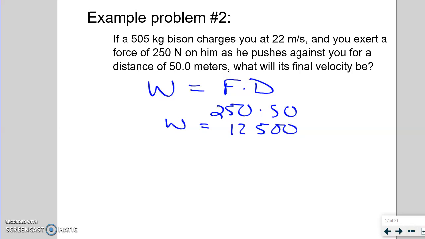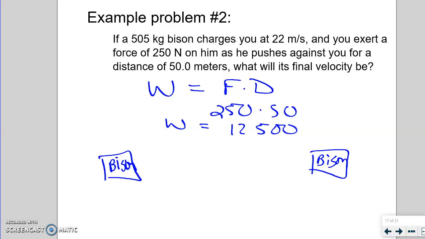So we want to know what its new velocity is going to be. Well, we have to stop and think about this for just a second. We've got the bison before. That's what a bison looks like, right? And we have the bison after. We're slowing it down. We're pushing, exerting a force on him, slowing him down.